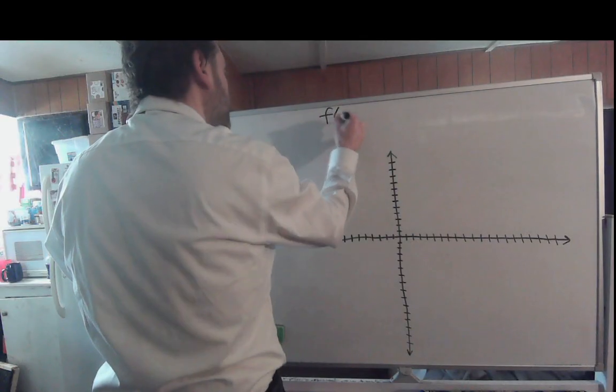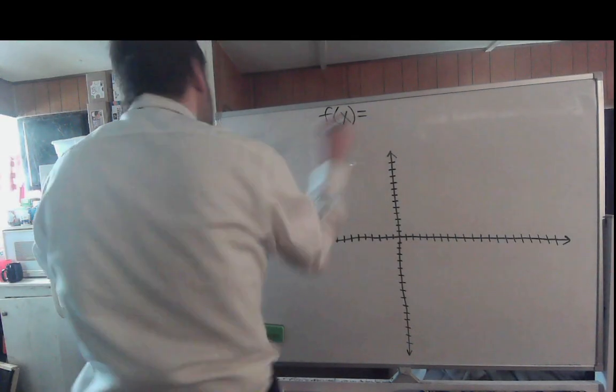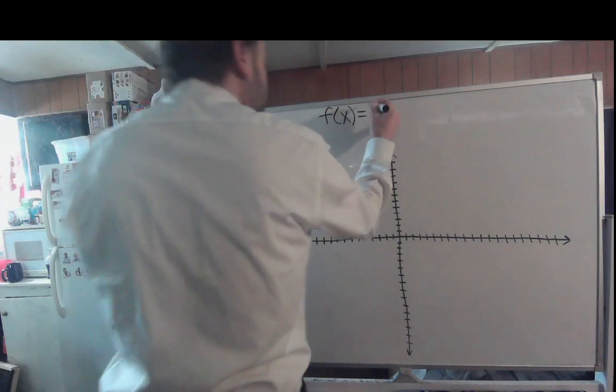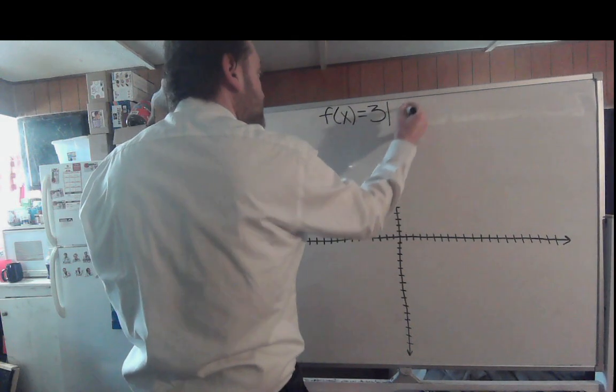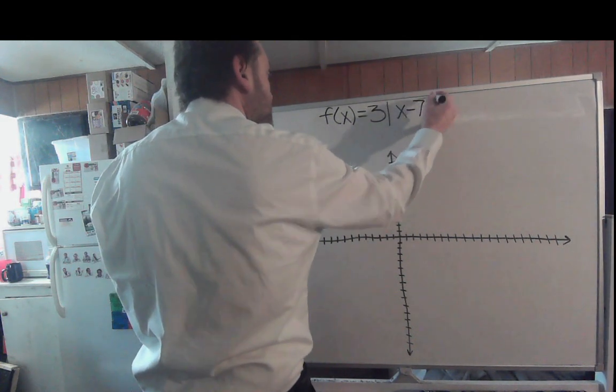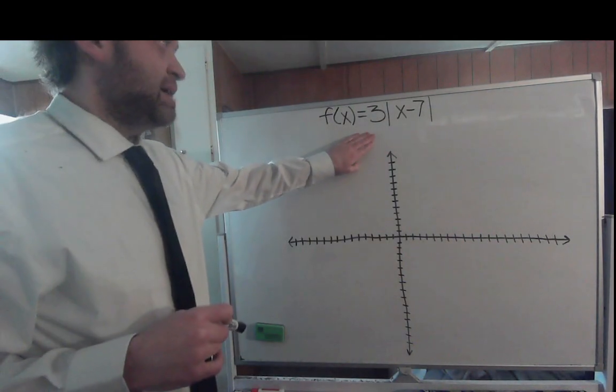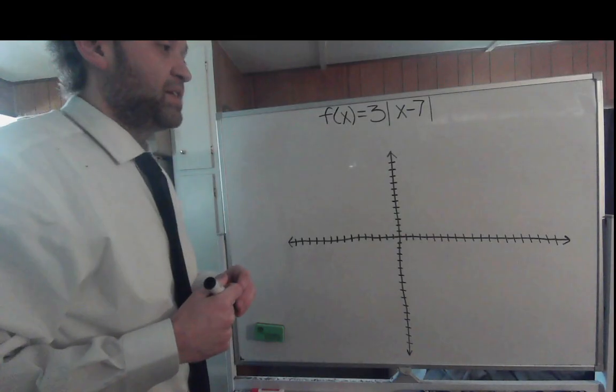We have here for the first one, f of x equals 3 times the absolute value of x minus 7. All right, so f of x equals 3 times the absolute value of x minus 7.